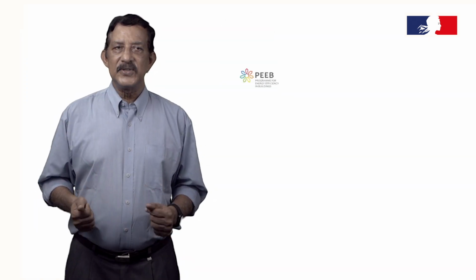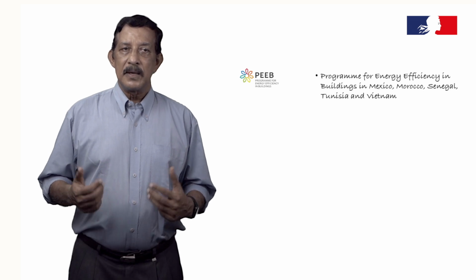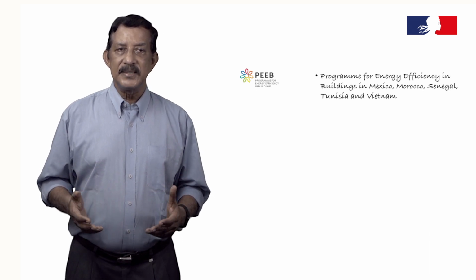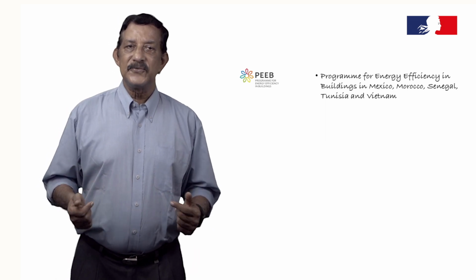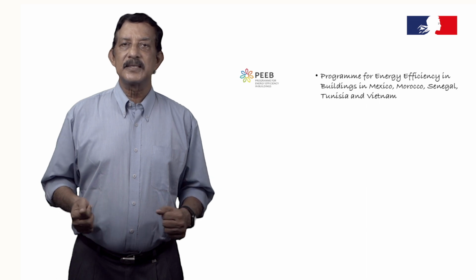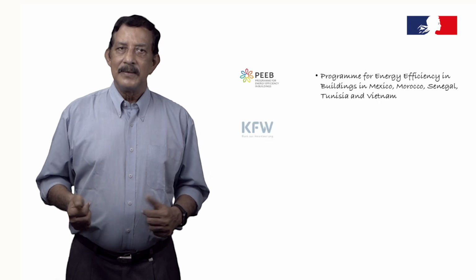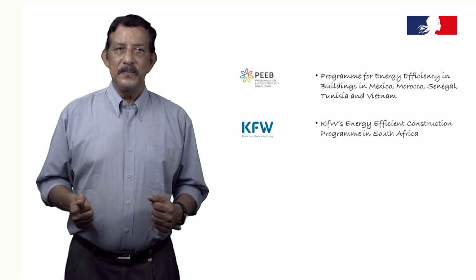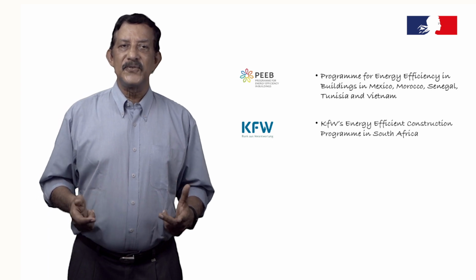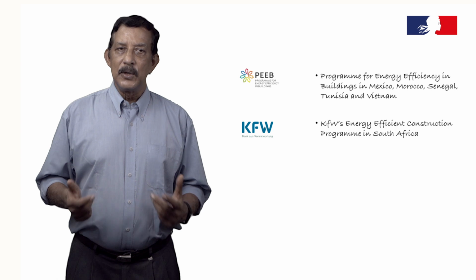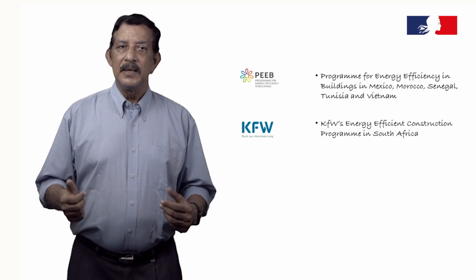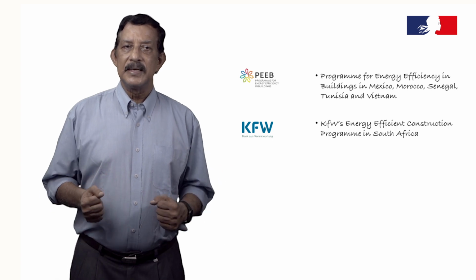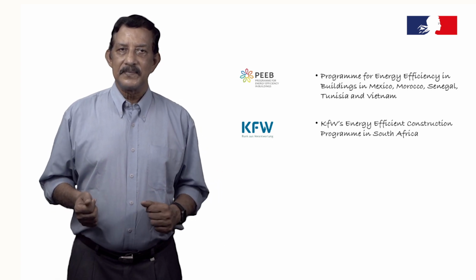Here are some examples. The Program for Energy Efficiency in Buildings, or PEEB, combines financing for energy efficiency in large-scale projects with technical assistance through policy advice and expertise for building sector professionals. The German Development Bank, KfW, is supporting the construction of energy efficient residential buildings with low energy consumption and reduced carbon emissions by offering incentives in the form of favorable interest rates and interest subsidies.